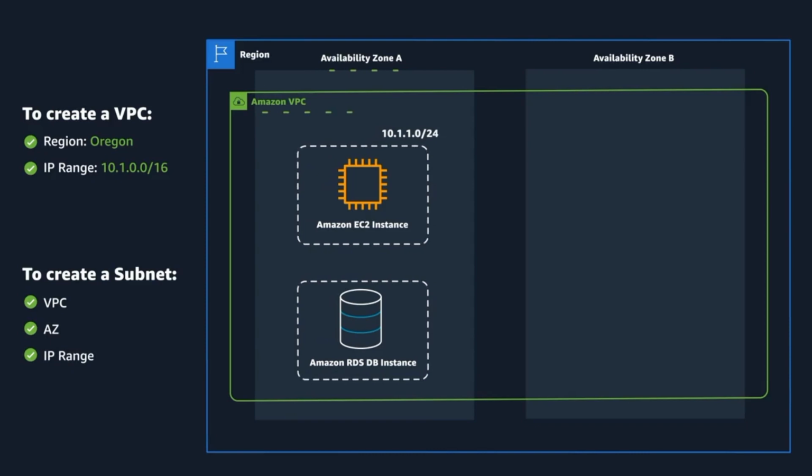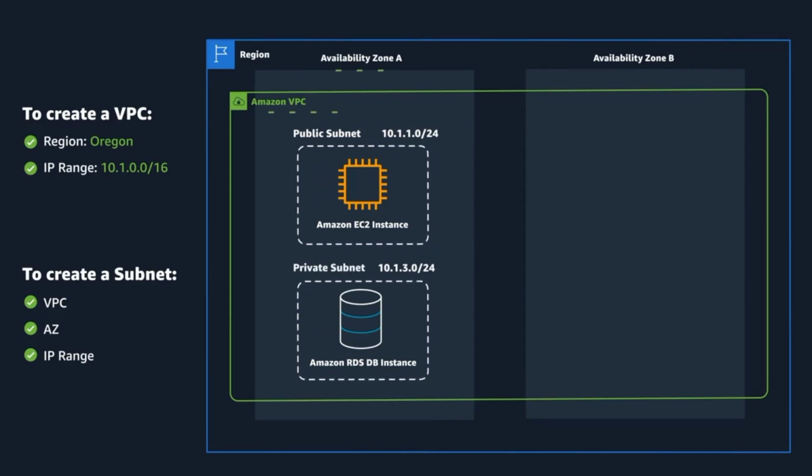For this, we'll choose the CIDR range 10.1.1.0/24. We'll call this our public subnet for public-facing resources. Then we'll create another subnet for our private resources. We'll place it in the same AZ, specify a different non-overlapping CIDR range, say 10.1.3.0/24, and then name it our private subnet.